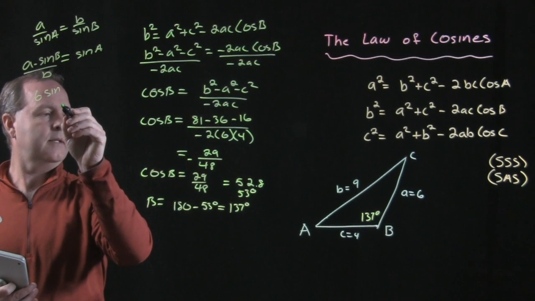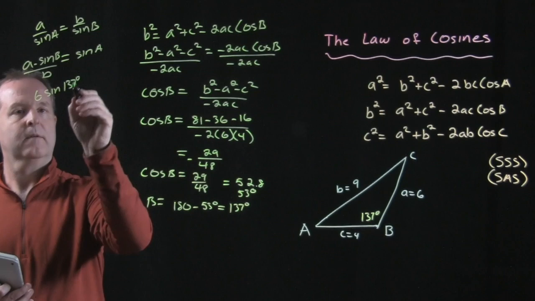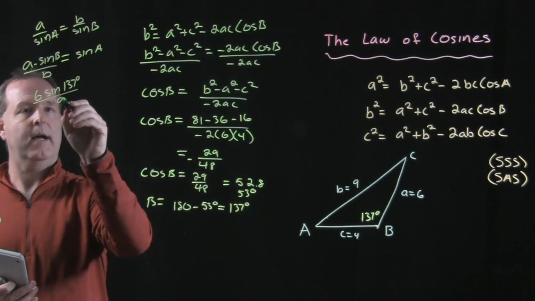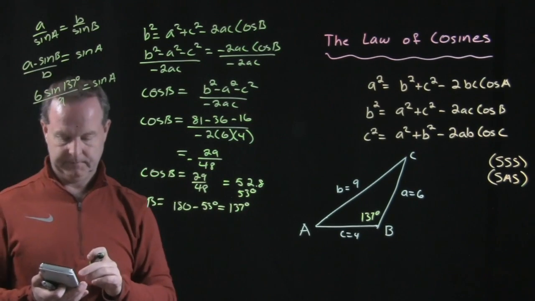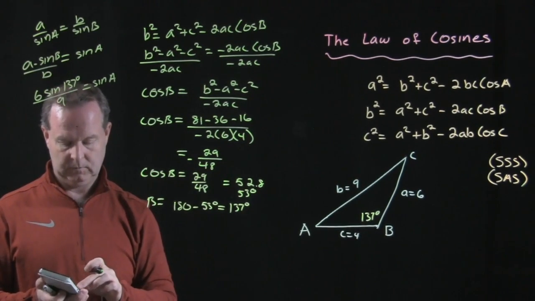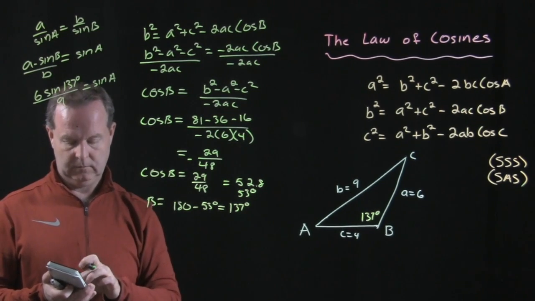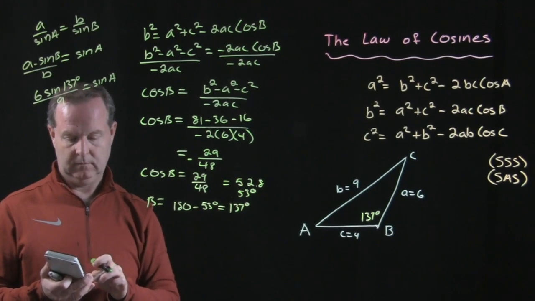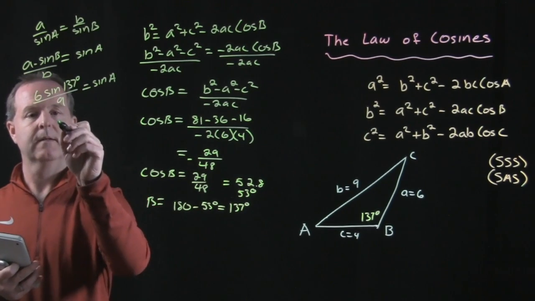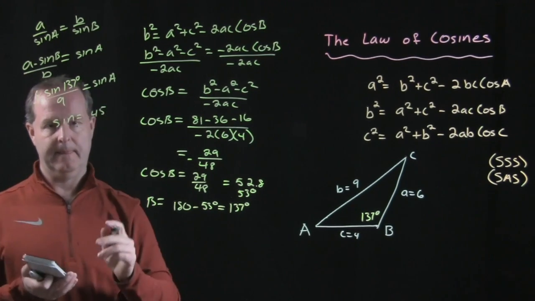Sine of B, 137 degrees. Divide by B, which is a 9. And that'll produce the sine of A, 0.45. So sine of A equals 0.45.